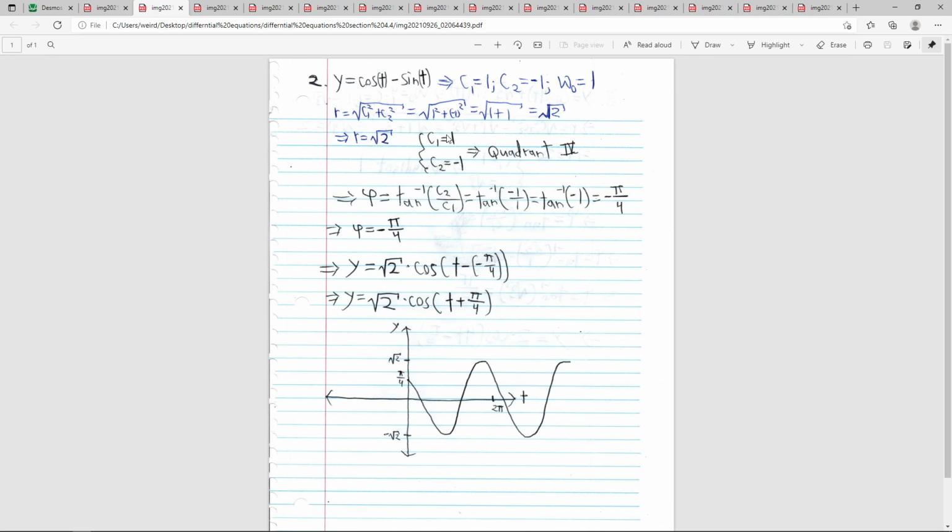And we get c1 equals 1, so c1 is positive, c2 equals negative 1. So fourth quadrant. Again, just inverse tangent of c2 divided by c1. I wrote them down here in all the problems. So again, quadrant 1 and quadrant 4 are the same procedure for psi.